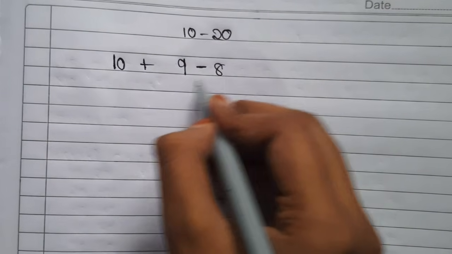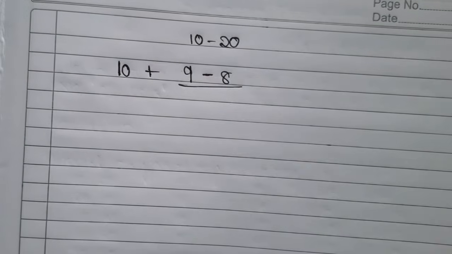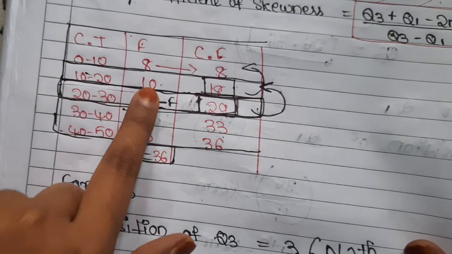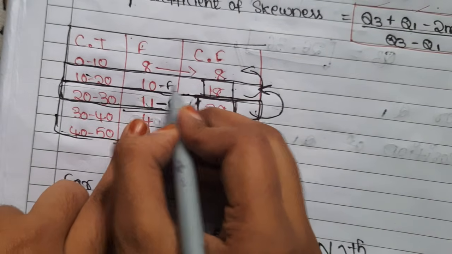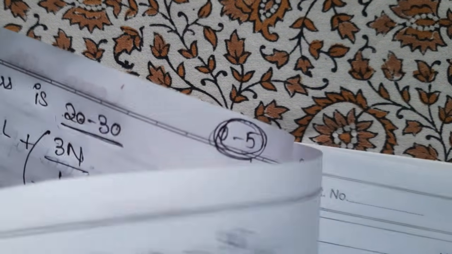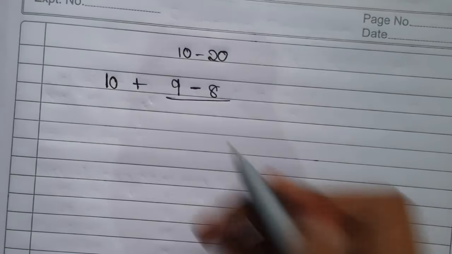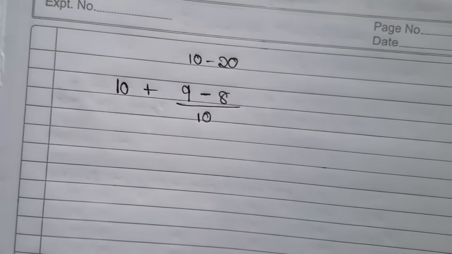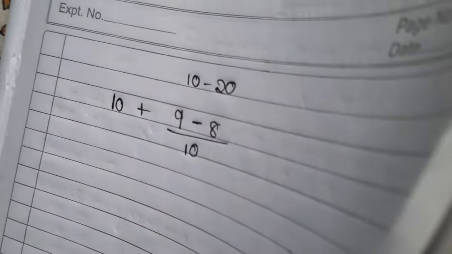8 by frequency. How much is the frequency in this 10 to 20 range? f is 10. So we are going to take f here. Yes, we got 10 only, no?